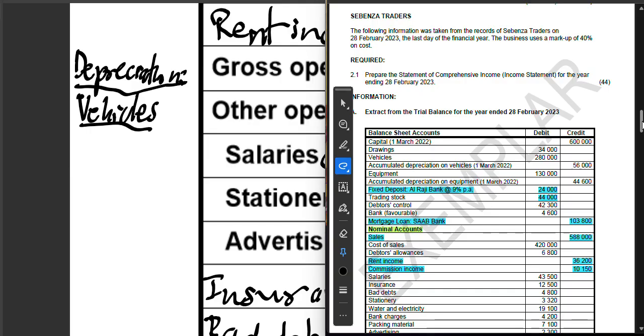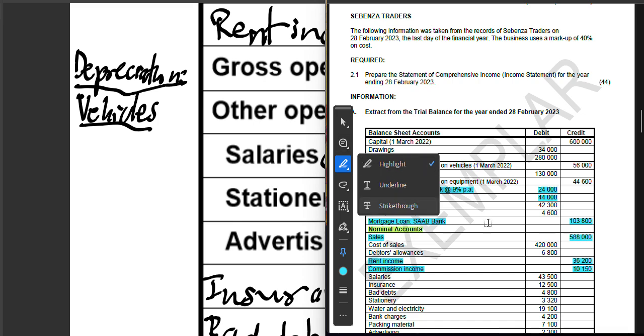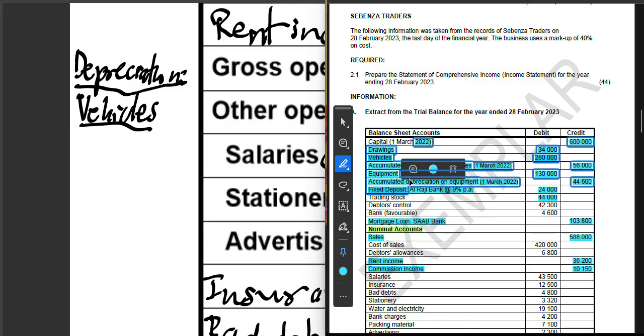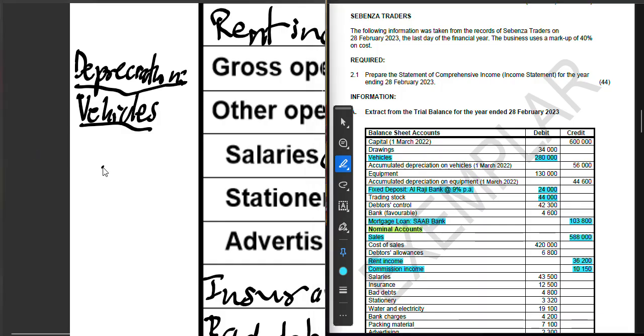So look at vehicles there. The amount that we get for vehicles, let's highlight it so that everybody can see. Here it is, vehicles 280,000. So that's 10%. Now we come back this side and we indicate our vehicles.